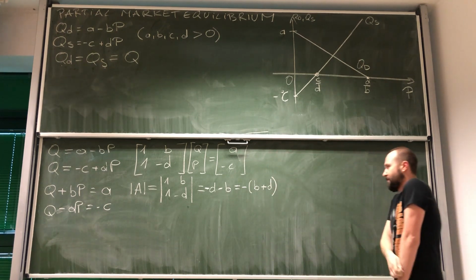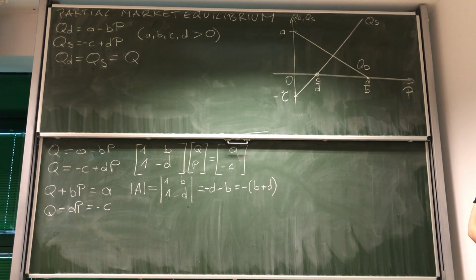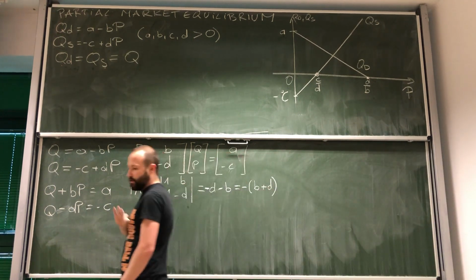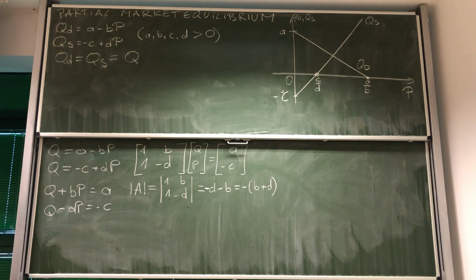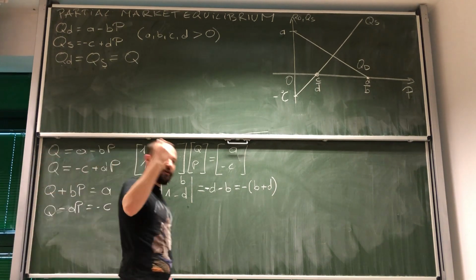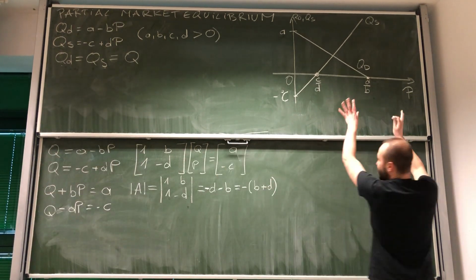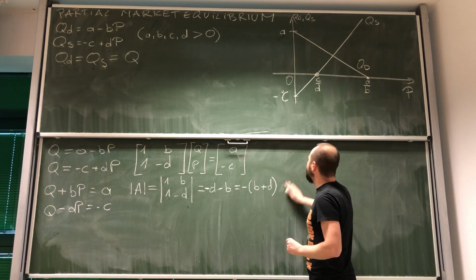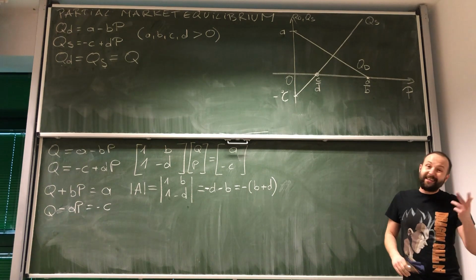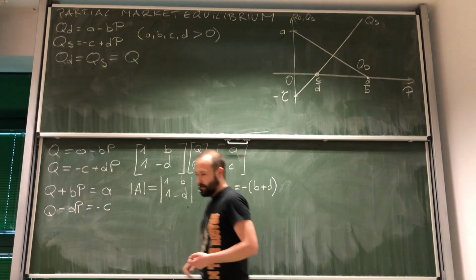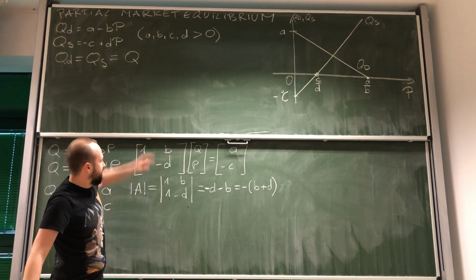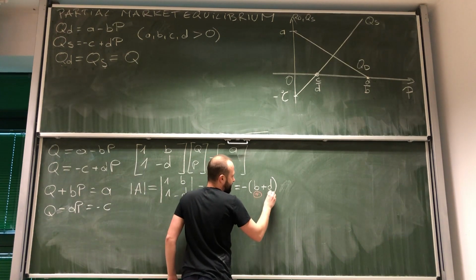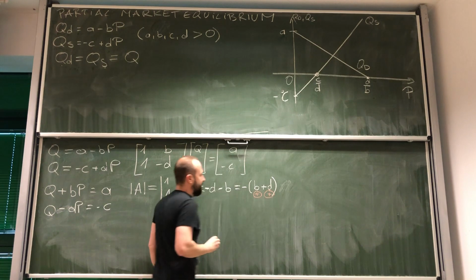Okay, and now look, what is the condition for the existence of the solution in mathematics class and for the existence of equilibrium in this case? Well, the determinant should be different than 0. But is it? Well, we know by assumption that B is positive and D is positive.